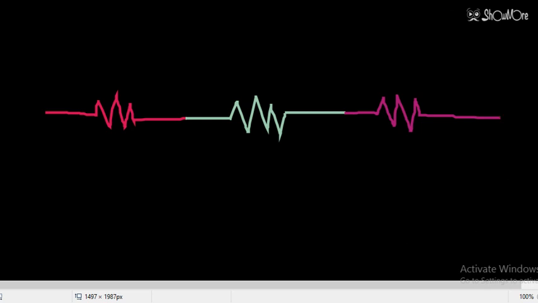The first trick to identify the series pattern is that the right end of one resistance should be connected with the left end of another resistance.